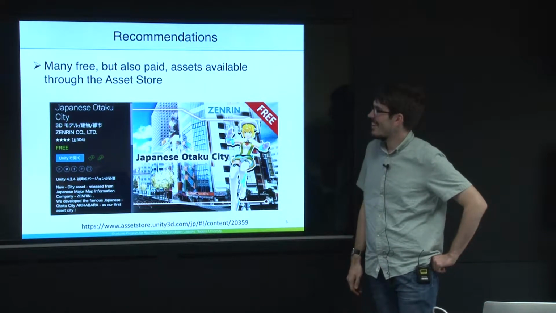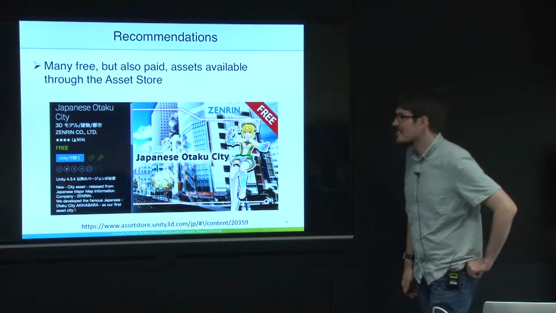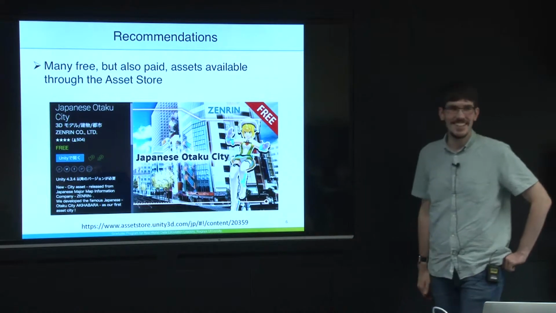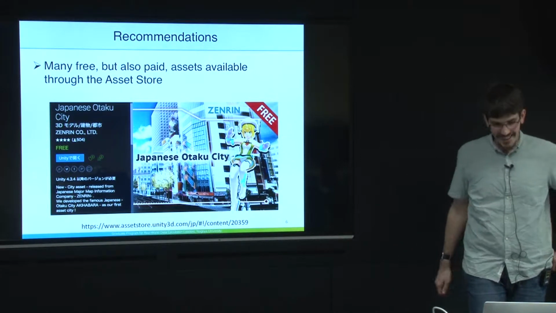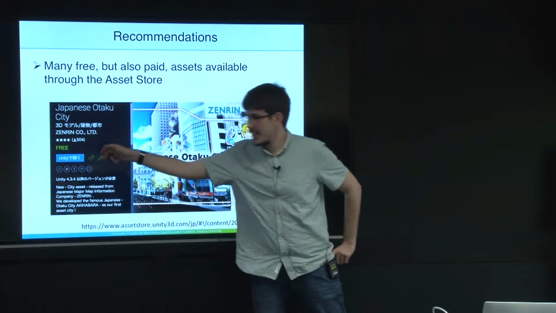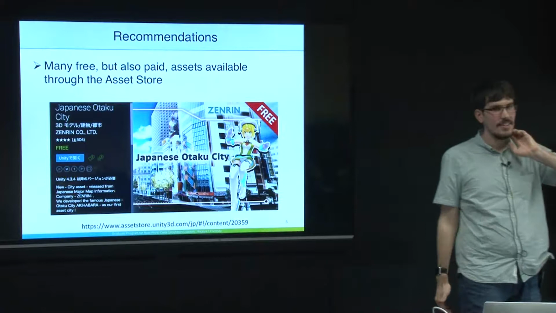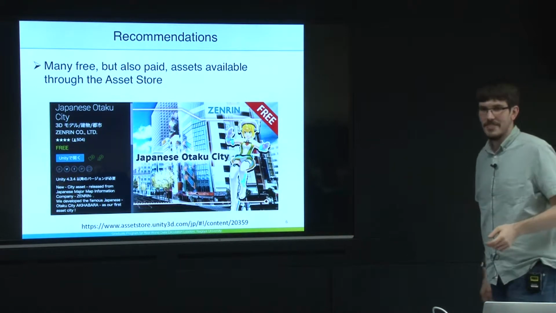You can download a package called Japanese Otaku City. I am not sure what's actually inside that package, but basically I think it's otaku kind of models. And that's free to download. You just click the button and then it's imported into your Unity installation, and you can use these models in your video game.